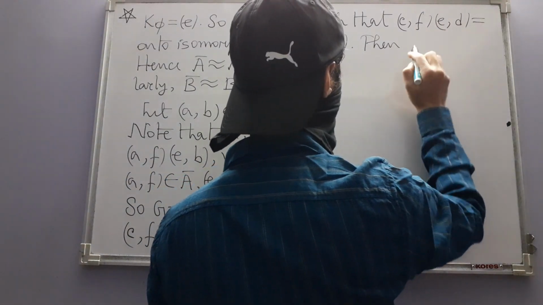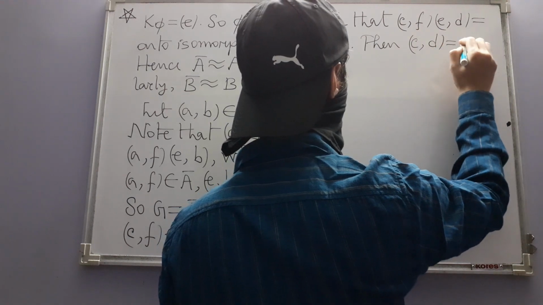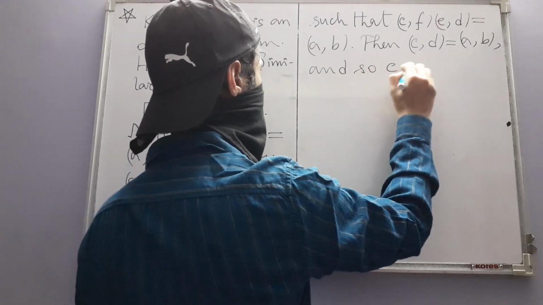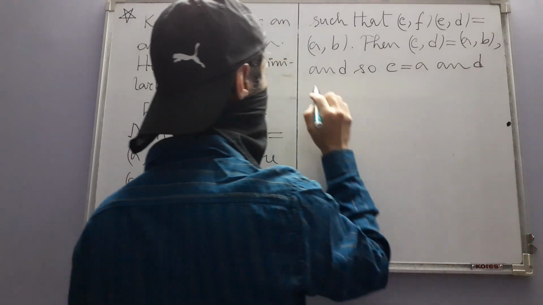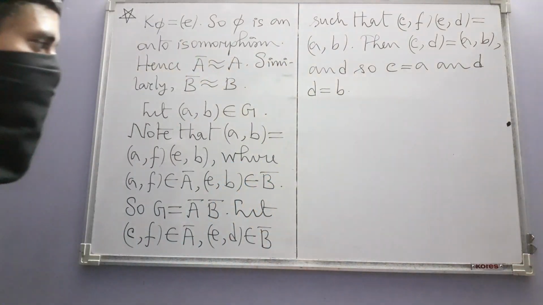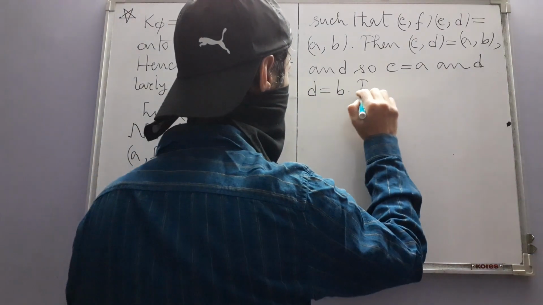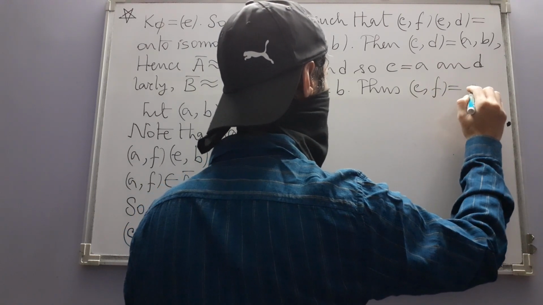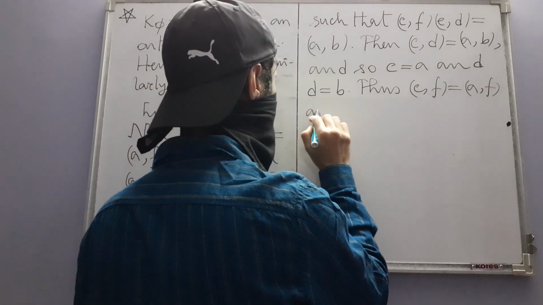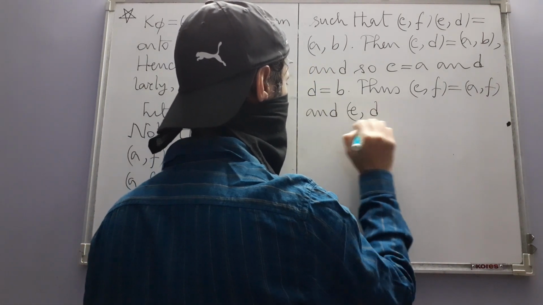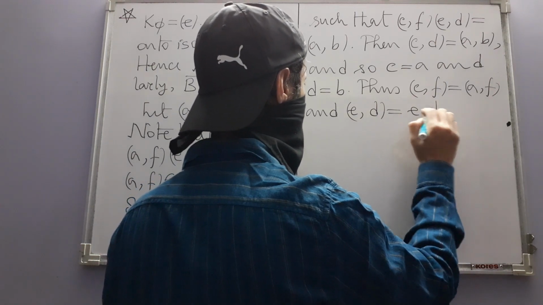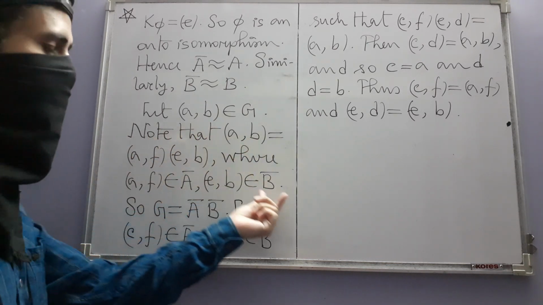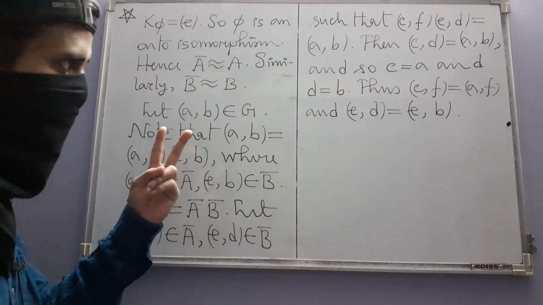It's going to be CE comma FD, which ultimately is C comma D. And so C is equal to A and D is equal to B. Thus, the element CF in A bar is nothing but AF itself, and the element ED in B bar is nothing but the element EB, and that is why this representation of the element as a product of an element of A bar and an element of B bar is unique. There can be only one such representation.